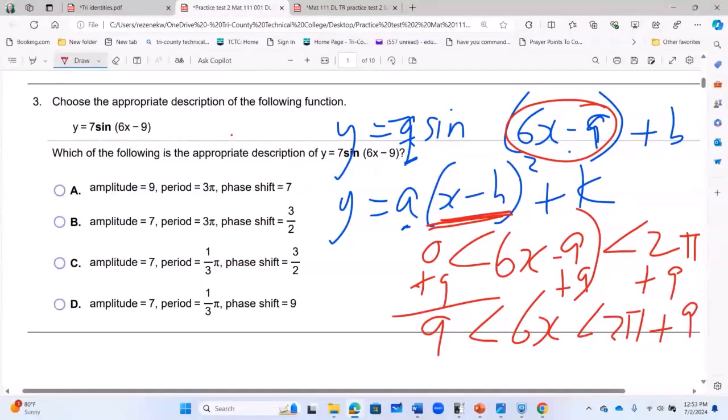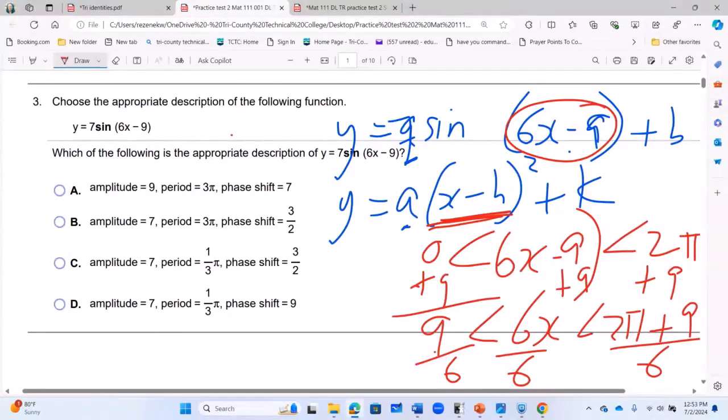I'm solving the compound inequality for x. Divide all three sides by 6. So I will find the phase shift: where does this start, where does it stop?